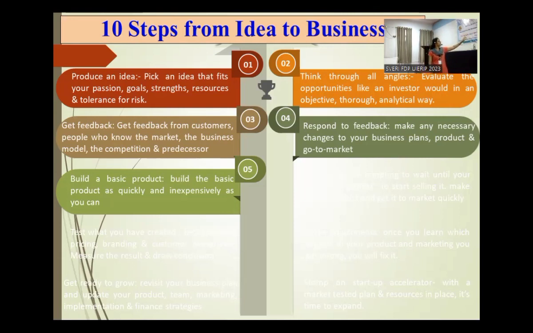Build the basic product as quickly and inexpensively as you can, because the financial consideration in the business model is a very major aspect. Therefore, whenever you are generating a prototype model, think first, and that's what we are actually doing in research. We are not directly going to a prototype model.